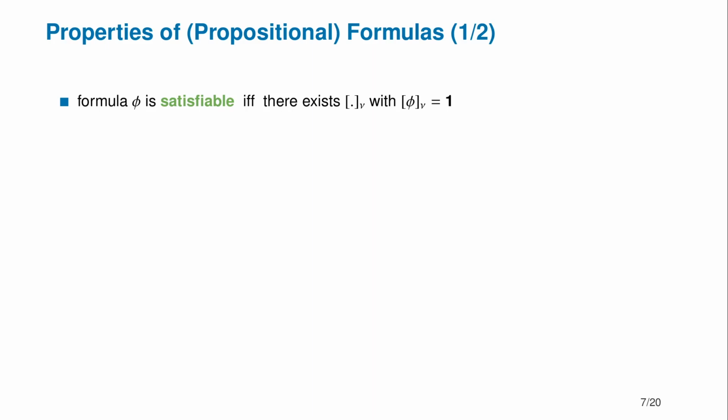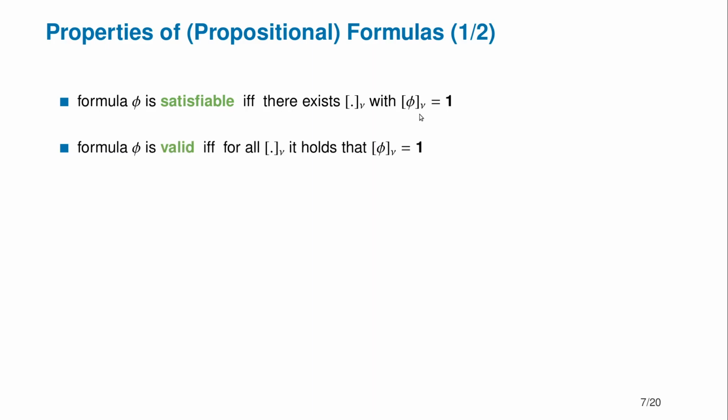Here is some important terminology which we will use often during this lecture, and which also transfers in a similar way to other logics. A formula is satisfiable if and only if there exists an interpretation such that the formula evaluates to true under this interpretation. So in principle we also need an assignment that makes the formula true.